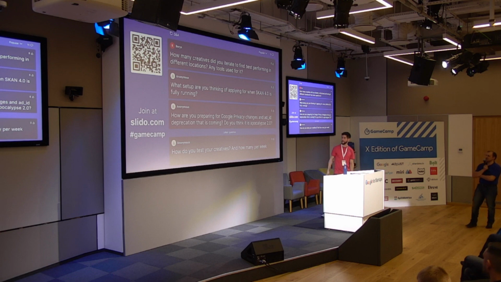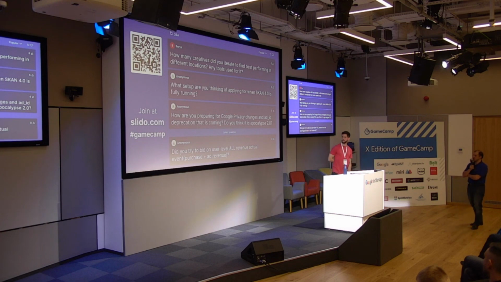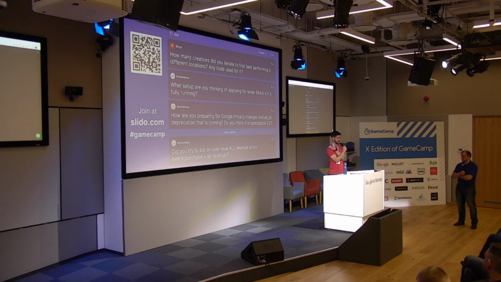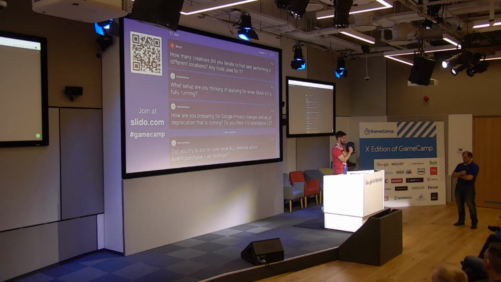And the questions around SKAN 4.0 are quite interesting. Like, what setup are you thinking of applying when SKAN 4.0 is fully running? Yeah, good question. Not 100% sure. For the 64 fine values that we can use, we will be keeping it as it is.